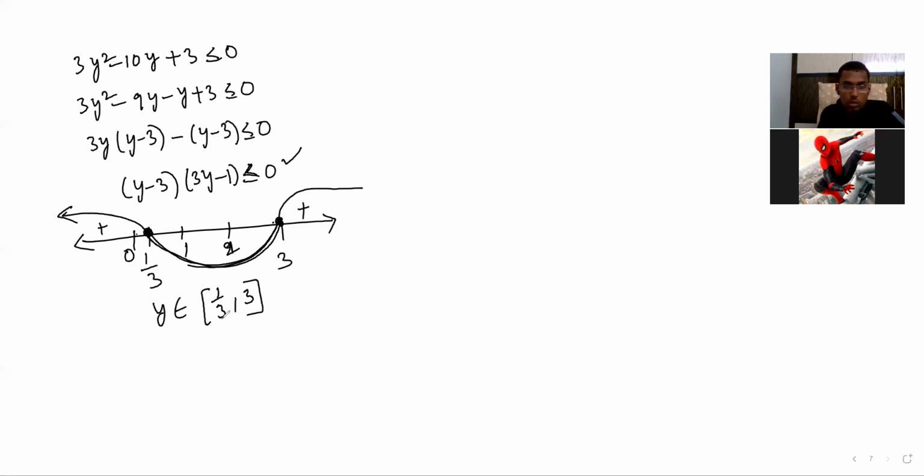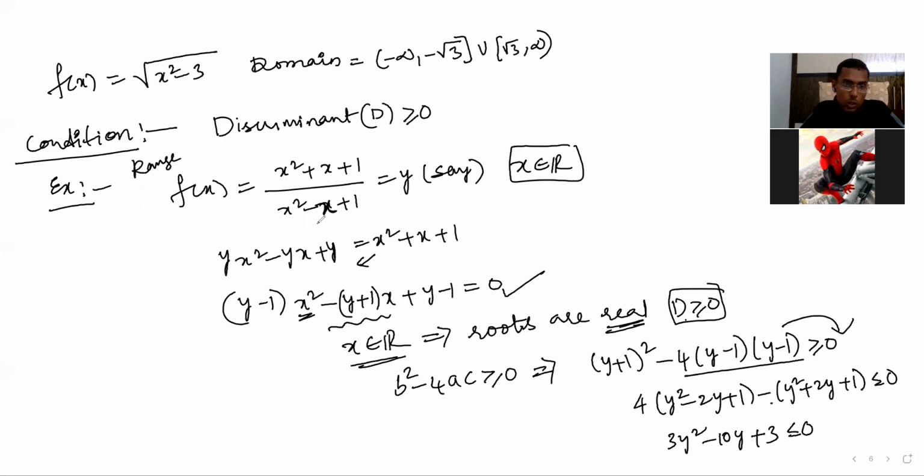This I will explain. There are 4 formulae; I will explain that. This is the final thing I told you: instead of discriminant greater than or equal to 0, if you use it directly, that's enough.